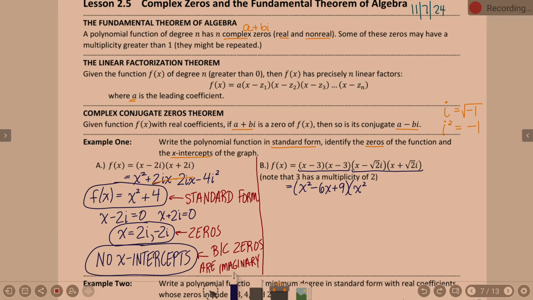Conjugates, those outsides and insides cancel, yes? So then go to your last. What is negative square root of 2i times square root of 2i? Well, negative times positive is a negative. What's square root of 2 times square root of 2?